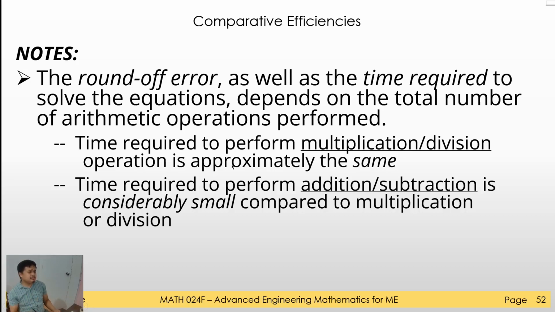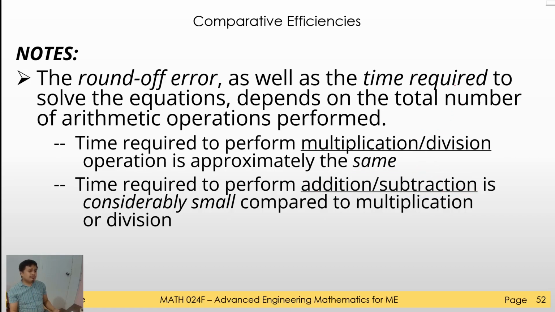So what does this mean? We have round-off error as our potential issue with direct methods, and the time required for multiplication, division, addition, and subtraction will be the two things that affect the computational effort.